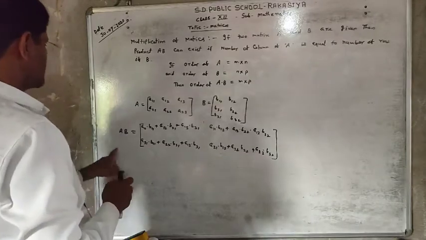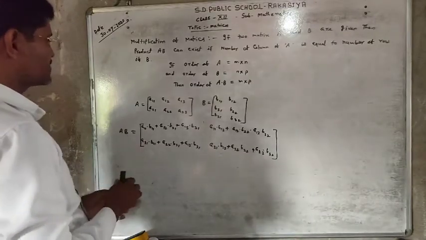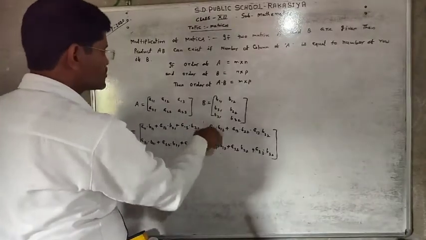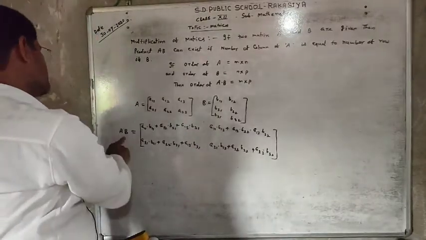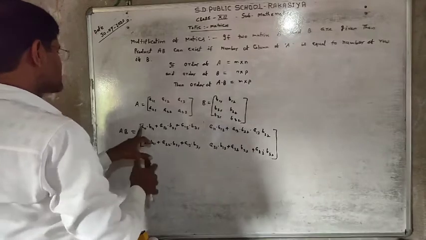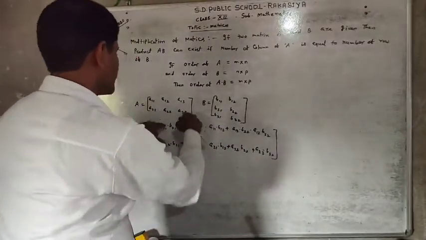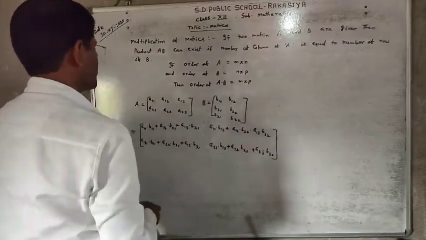By observation, the product AB has only 2 rows and 2 columns: first row and second row, first column and second column.